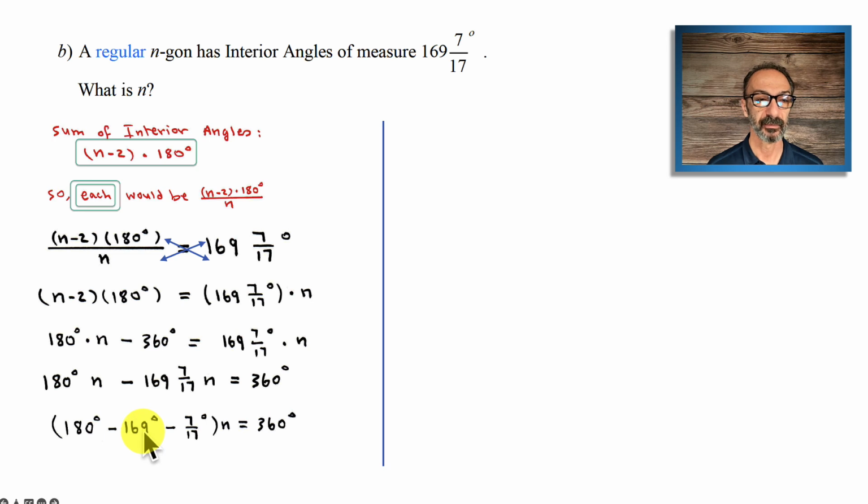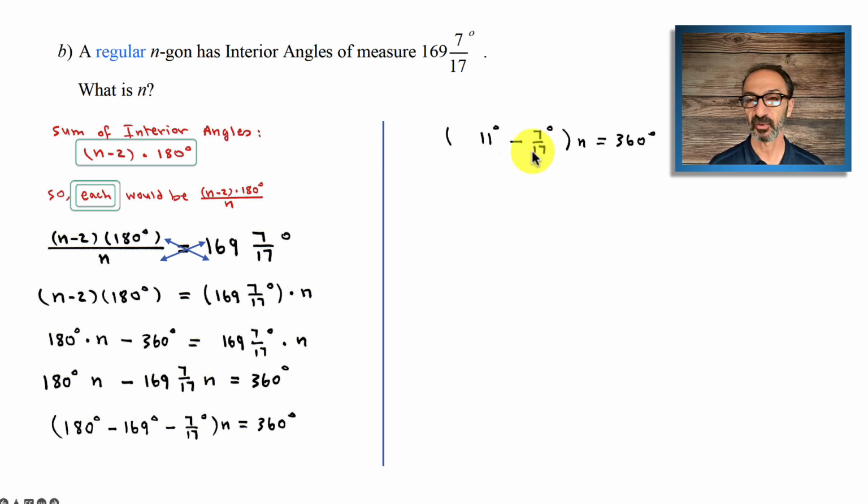That will be 180 minus 169 and something more as a fraction, minus 7/17, how many n's? Equals 360. So I broke it down to parts. 180 minus 169 is almost 10. Do the math, it's 11. So I have 11 minus, still I have to subtract this part, 7/17.